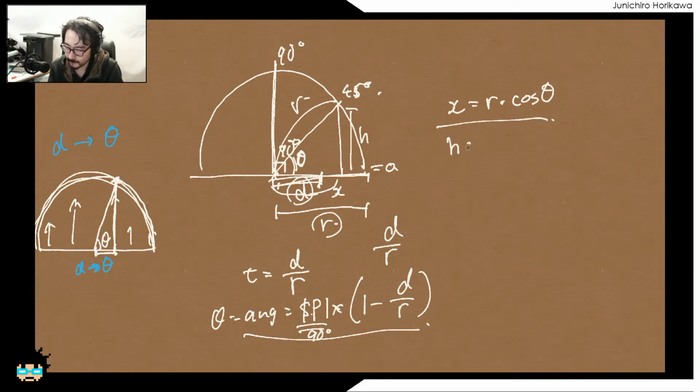For the h value, you could calculate it by r multiplied by sine theta. And that's it. As a result, you'll be able to get this point information, and that's the point you want to move from this point to this point. I hope it makes sense.